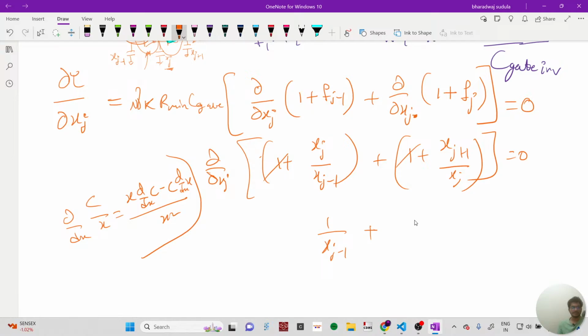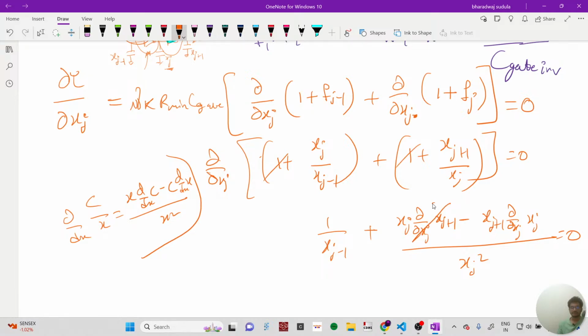So you'll get dou by dou xj, which is some other variable, minus xj plus 1 by xj square equal to 0.